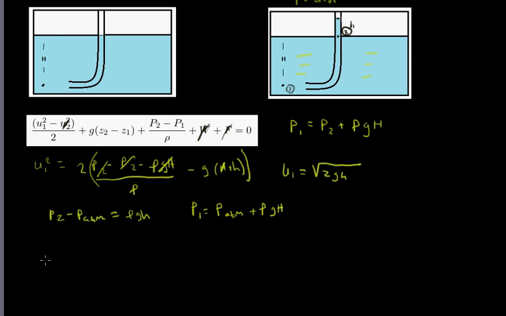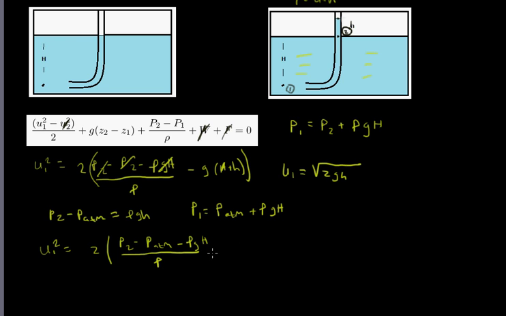Okay, and then we're still solving for U1, so we can say that U1 squared is equal to 2 times the quantity of P2. So let's just say P2 minus the atmospheric pressure minus rho g capital H, and that's all going to be divided by the fluid density.